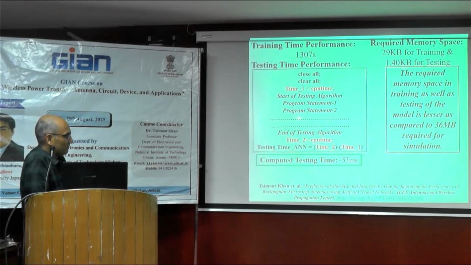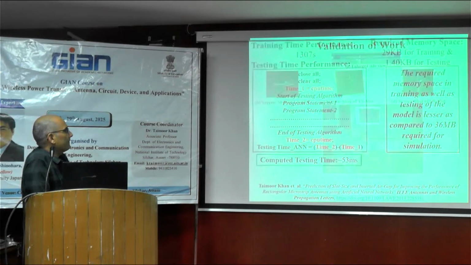It takes a few lines of code that you can create in MATLAB, measured with CPU time, and the memory space required during testing is a few KB: 1.40 KB for testing and 29 KB for training. A very large amount of memory, 36 MB, was required in the case of the simulation, but the computed testing time is very small, 53 milliseconds. Once the model is trained, you will get a very quick response from the parameters.